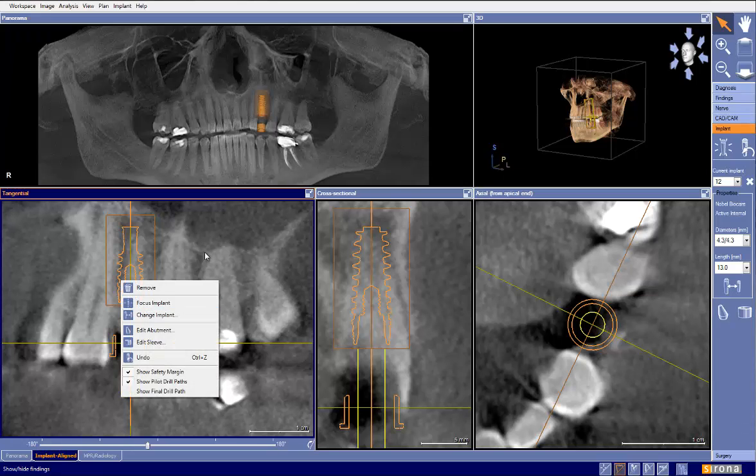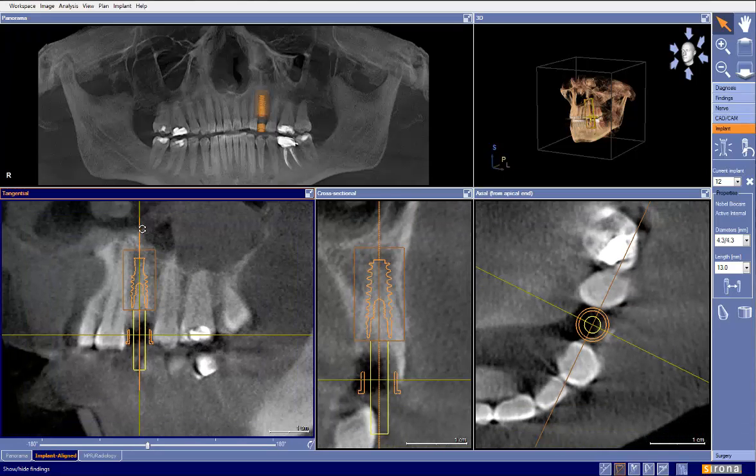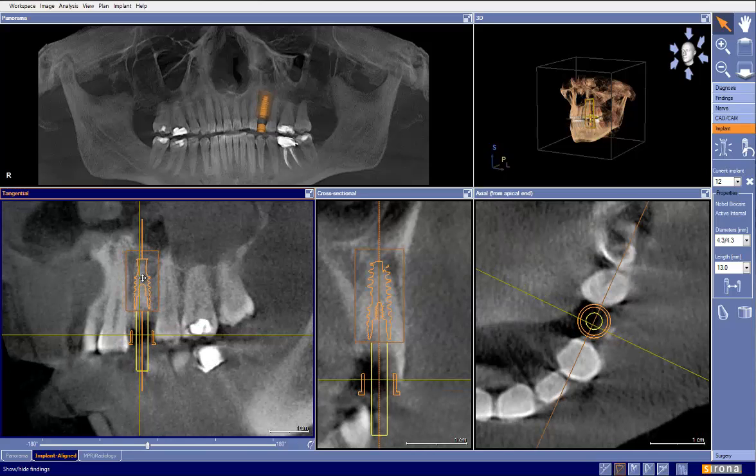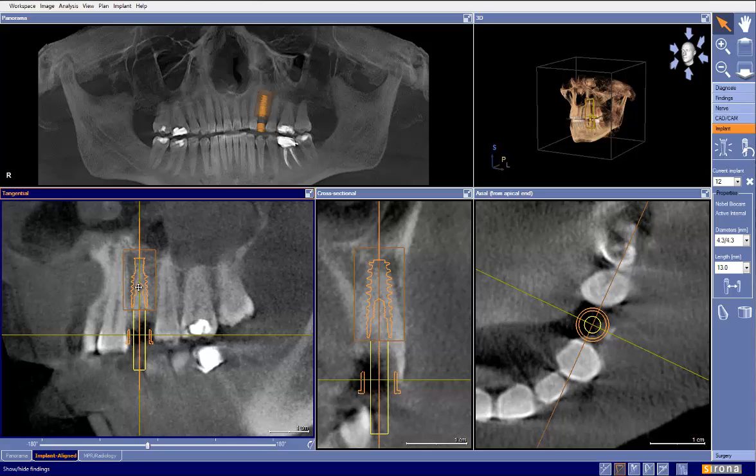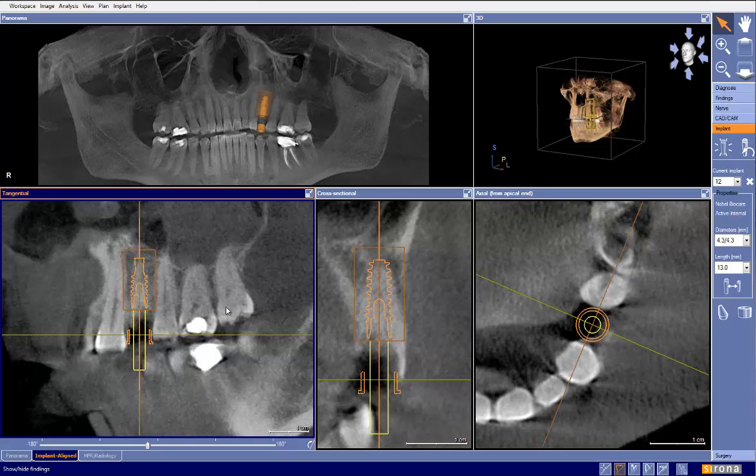So in a case like this, this may be one of those situations where we simply have to leave it where it was and accept that compromise of being slightly offloading.